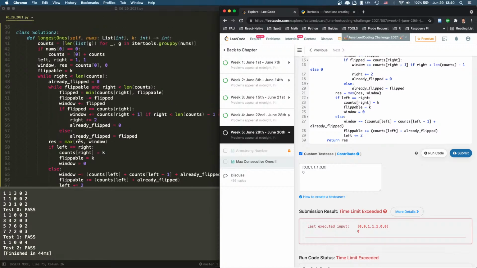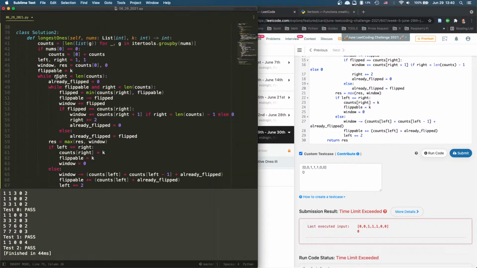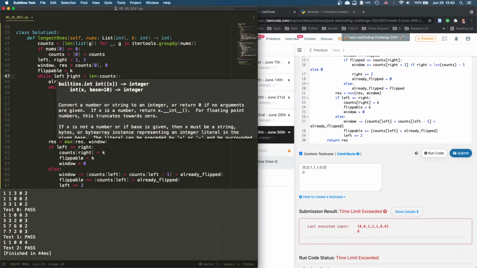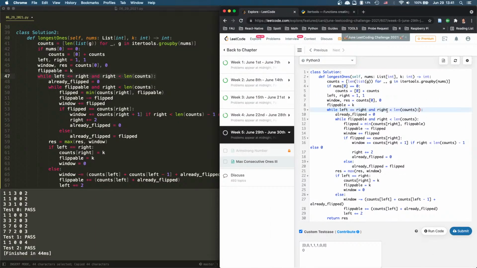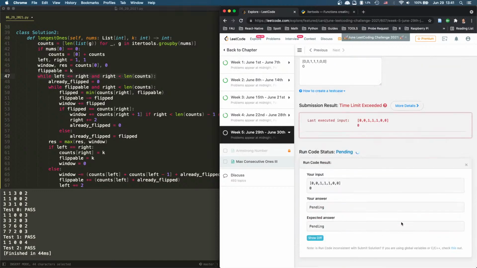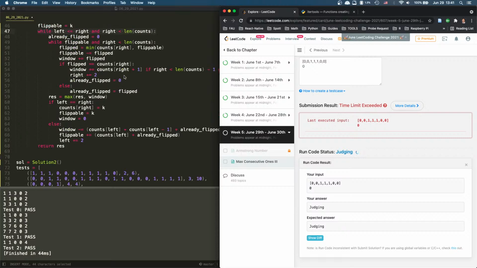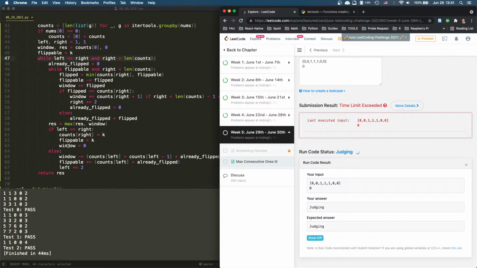I never do this, and this is going to be this. Oh, I think we can do while left is smaller or equal to right. I think that one shall help. Instead of giving, let's do this. No, it did not help, because left equal to right and flippable, K is 0, going back up.